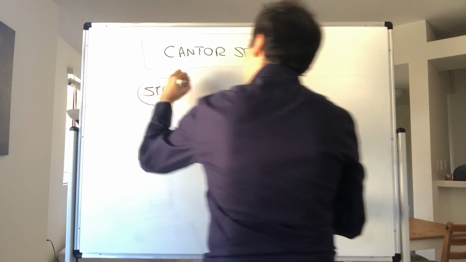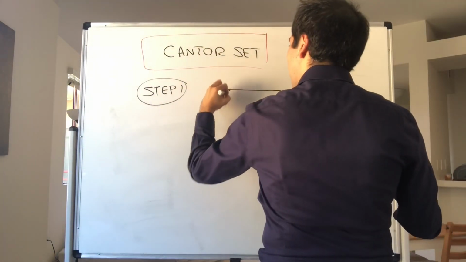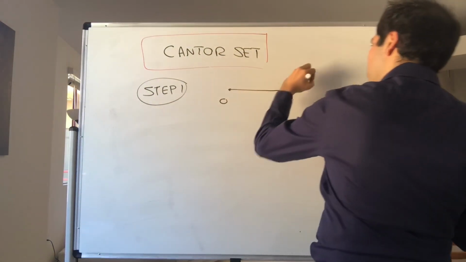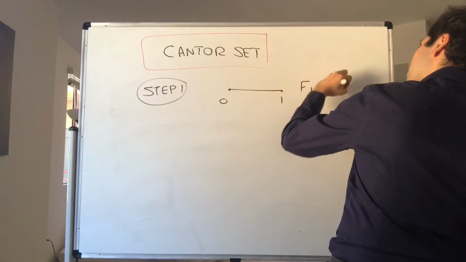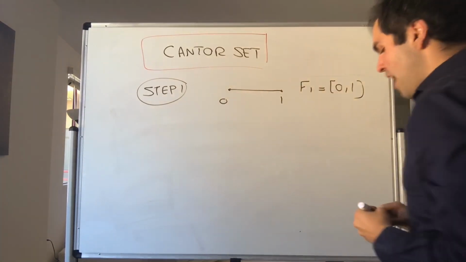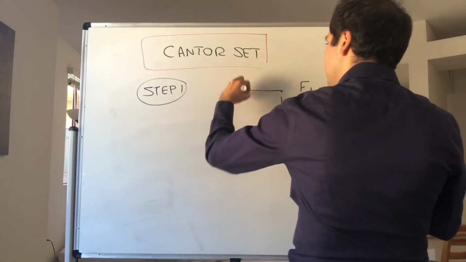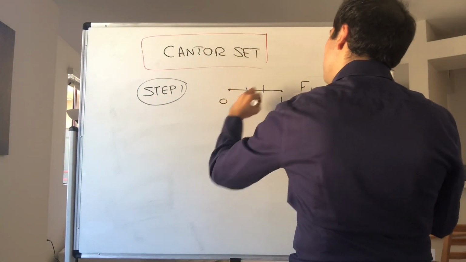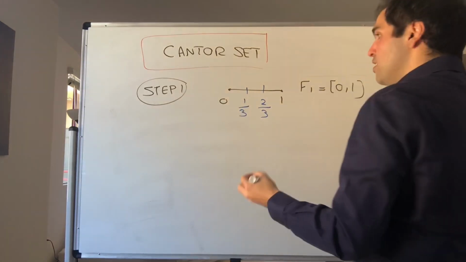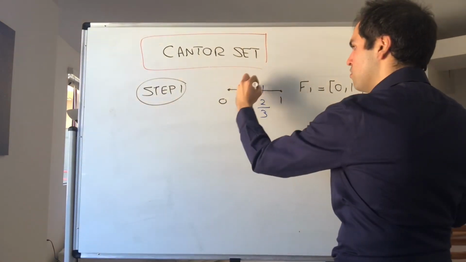So step 1, start with the interval [0, 1]. So F1 is [0, 1]. And then you can split this into 3 pieces, with 3 numbers, 1/3 and 2/3, and just remove the middle piece.